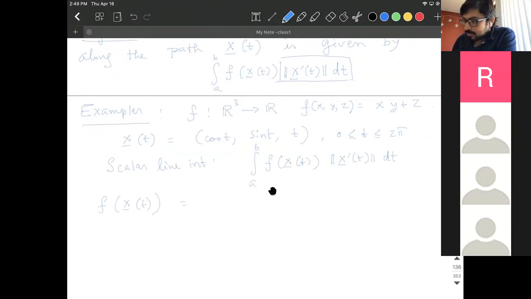Can anybody tell me what's f of x(t)? From the definition, what is this quantity? t cos t plus sine t.